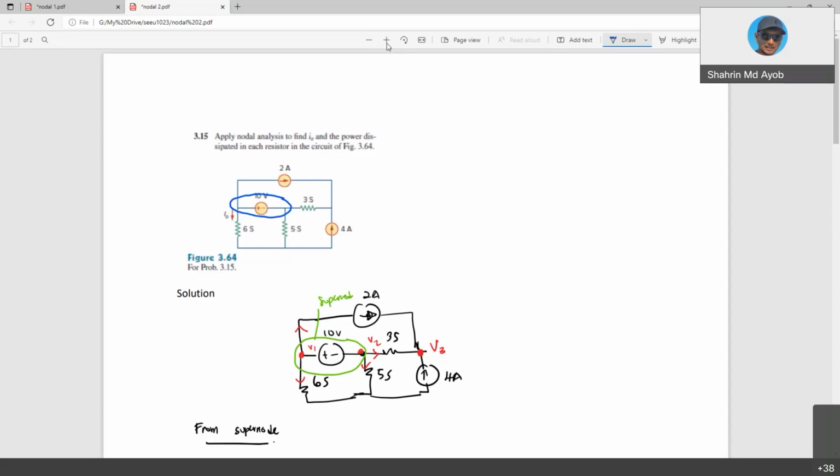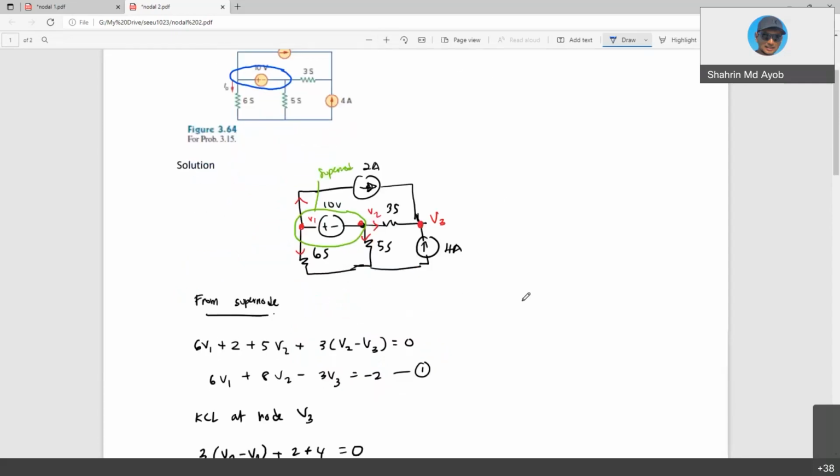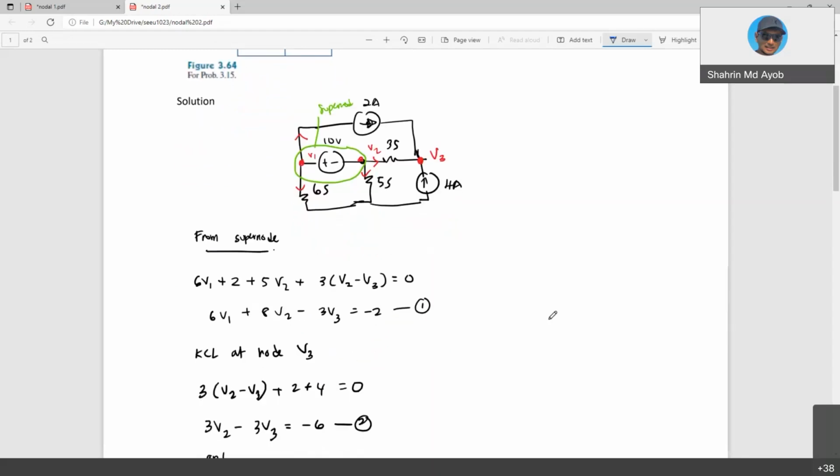As mentioned here in the solution, I have already defined my nodes V1, V2, and V3 and the direction of the current. So you can refer to my solution. Please regard this as a supernode. So you have 4 currents going out from the supernode.